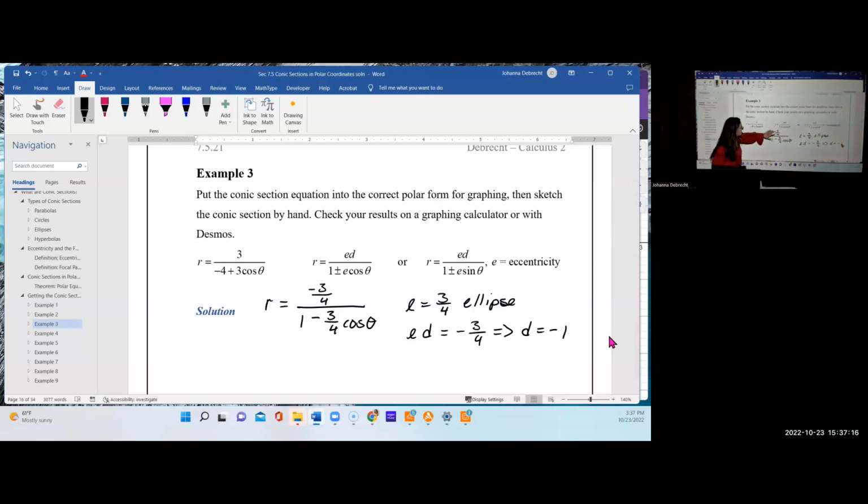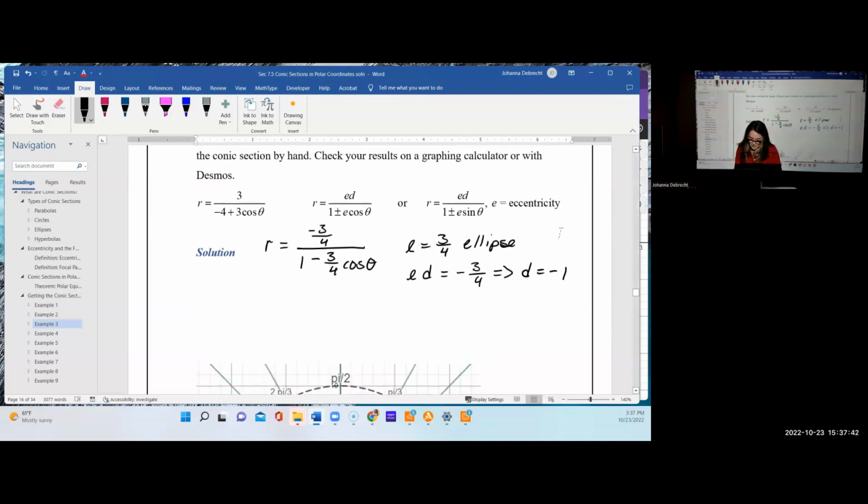The combination of these two signs in working form is positive, so we know it's on the positive side of the pole. So because it's cosine, it's got to be left or right, and the positive side is the right. So the directrix is going to be at the right. The ellipse is going to be running horizontally like this, and we're going to have a directrix running vertically on the right side of the pole.